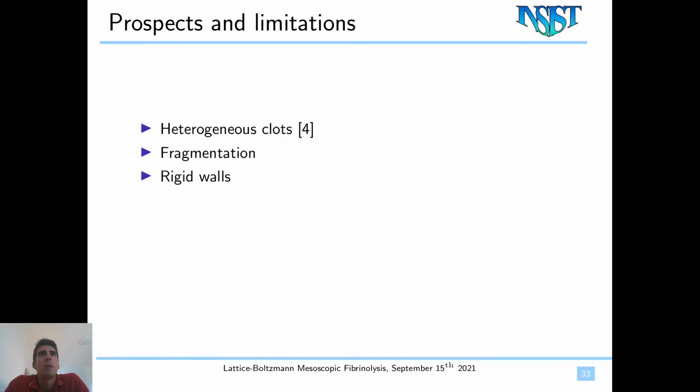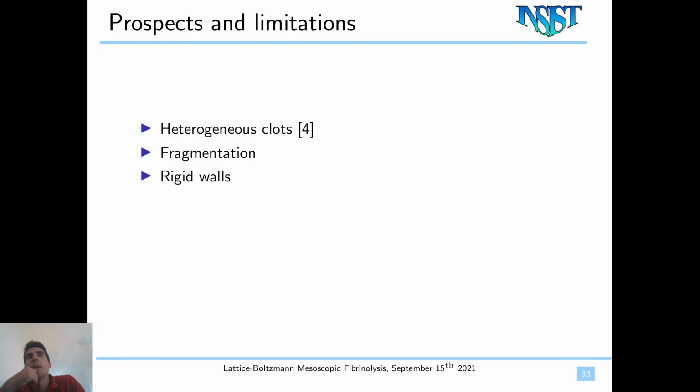So, of course, there are several limitations to this model. So for now it just comprehends homogeneous clots, but it is possible to extend it to heterogeneous clots by changing the permeability law, for example, of voxels that are richer in platelets or red blood cells, for instance.